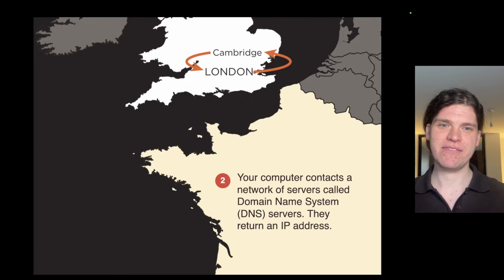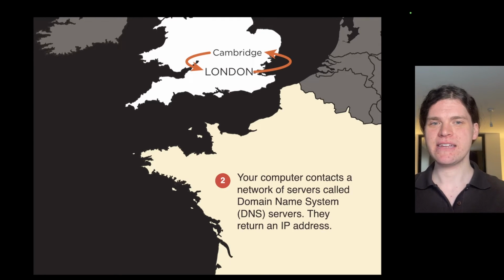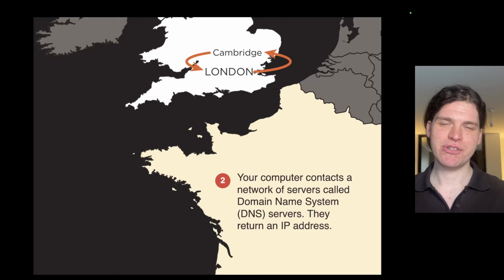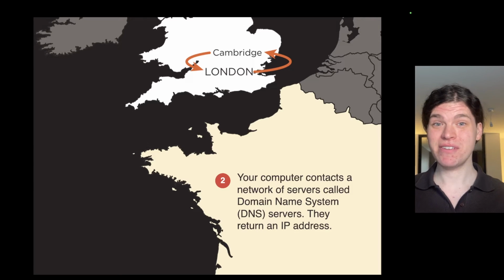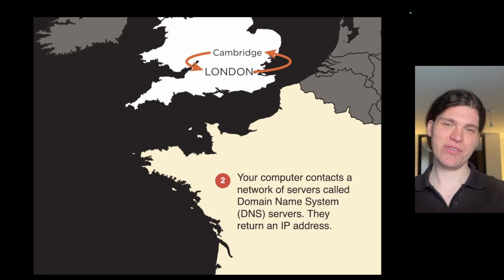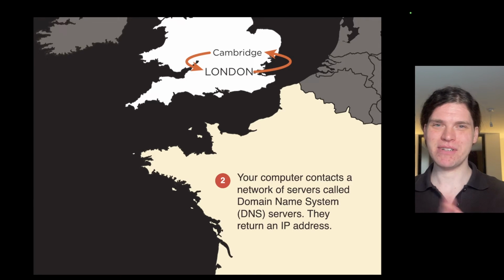And again, if that's happening in the UK, that's going to be based locally, these domain name servers. And they would translate that English URL, because we're in the UK, into an IP address, which is a series of numbers, for both the historic version of IP as well as the newer IP version.